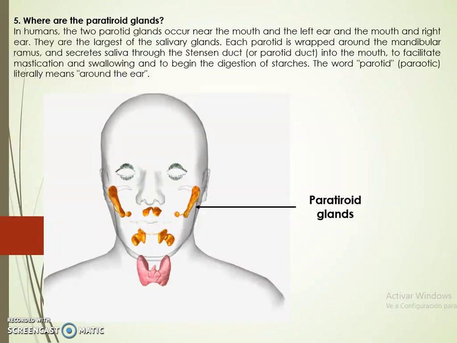Each parotid is wrapped around the mandibular ramus and secretes saliva through the extended duct into the mouth to facilitate mastication and swallowing and to begin the digestion of starch. The word parotid literally means around the ear.